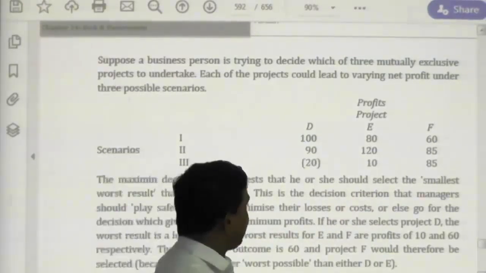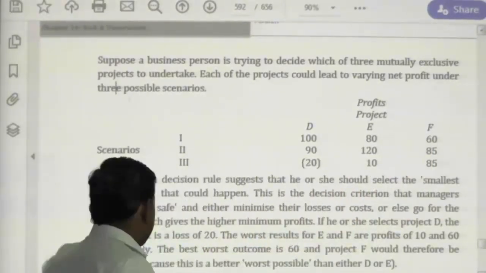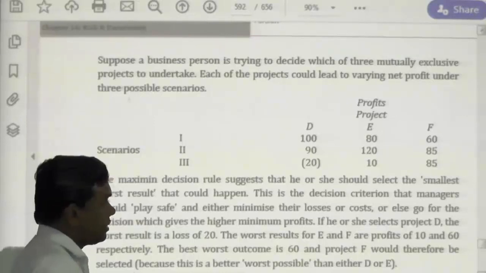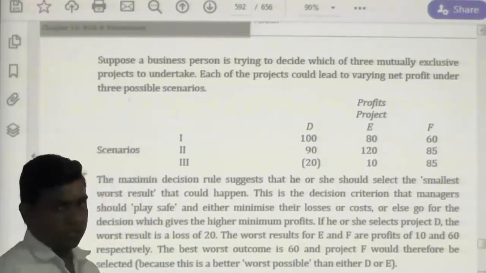If you select project F, the lowest scenario will be 60. Clear? In project D, minimum profit will be minus 20, project E minimum profit will be 10, project F minimum profit will be 60. That means you select the minimum of each project.